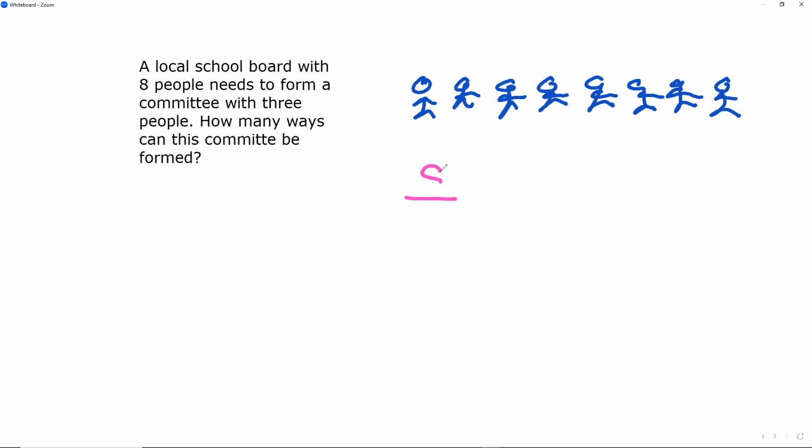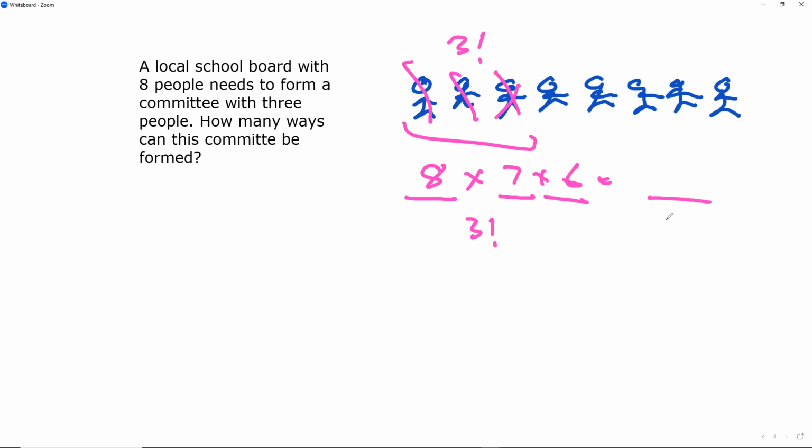So here we're going to have 8 times 7 times 6. But we can arrange this in 3 factorial ways. So we take whatever number that is and we divide it. Okay, so divided by 3 factorial, which is the same as 6.